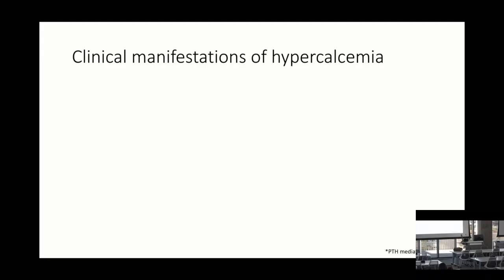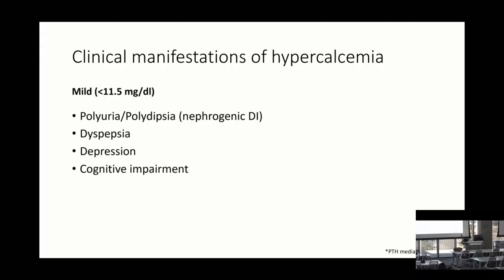Clinical manifestations of hypercalcemia, when it's mild. So mild, calcium is less than 11.5. Usually, I think the upper limit of calcium is about 10.5. So if you have calcium that is high but not beyond 11.5, oftentimes you can have polyuria, polydipsia, because of nephrogenic diabetes insipidus from very high calcium levels. And then you can have dyspepsia, depression, cognitive impairment, okay?